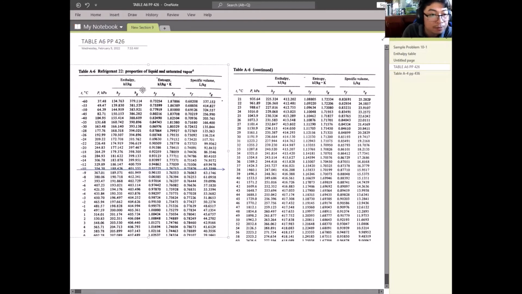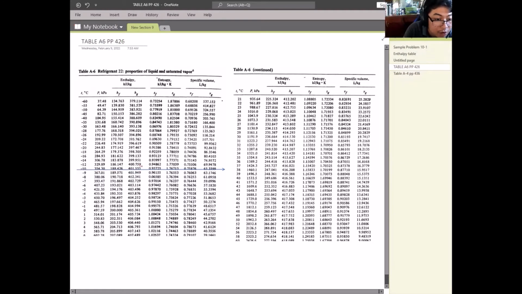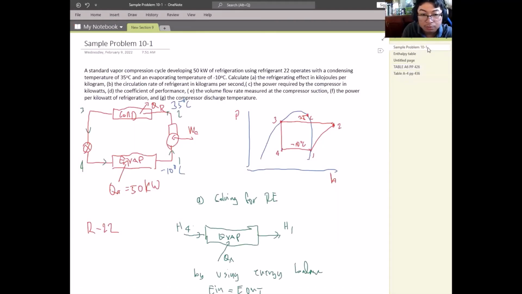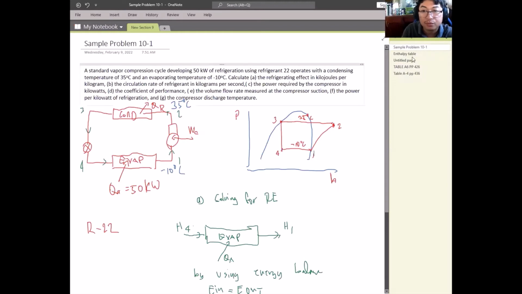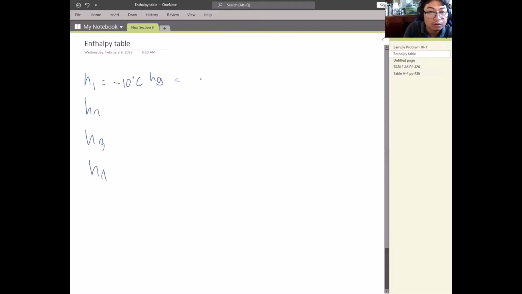The Hg is 401.555. So this is our Hg, 401.555, that is our H1, 401.555 kilojoules per kilogram.